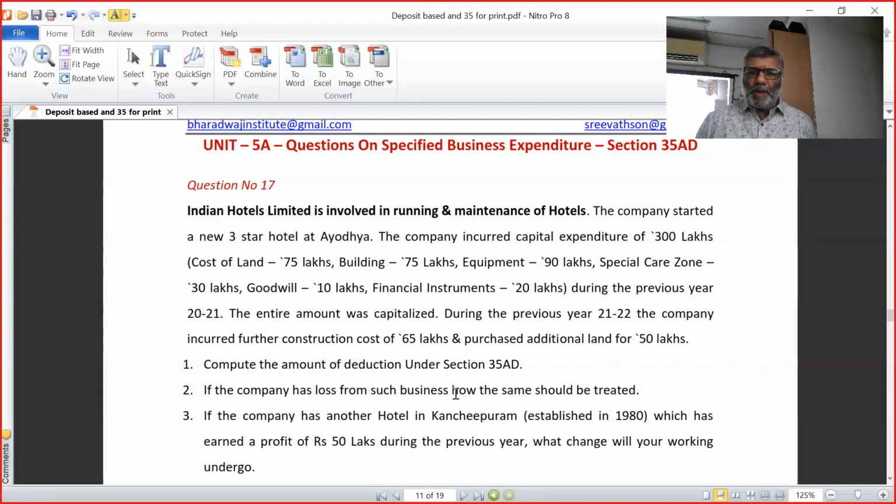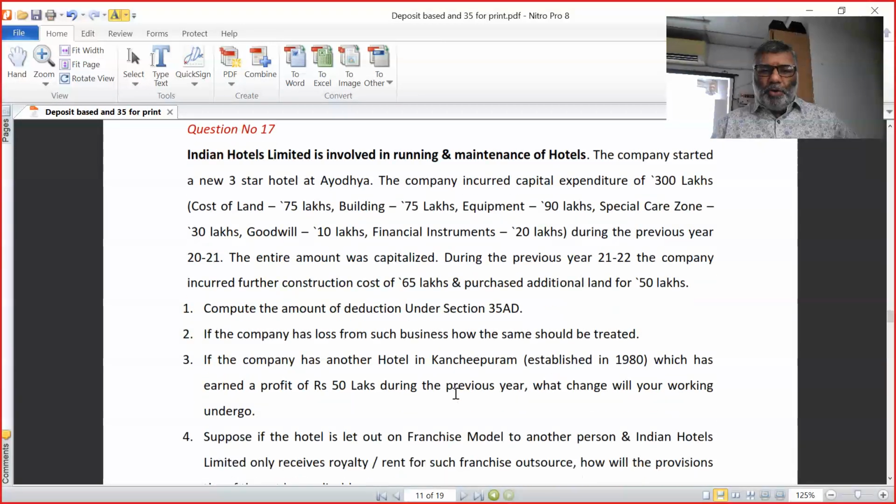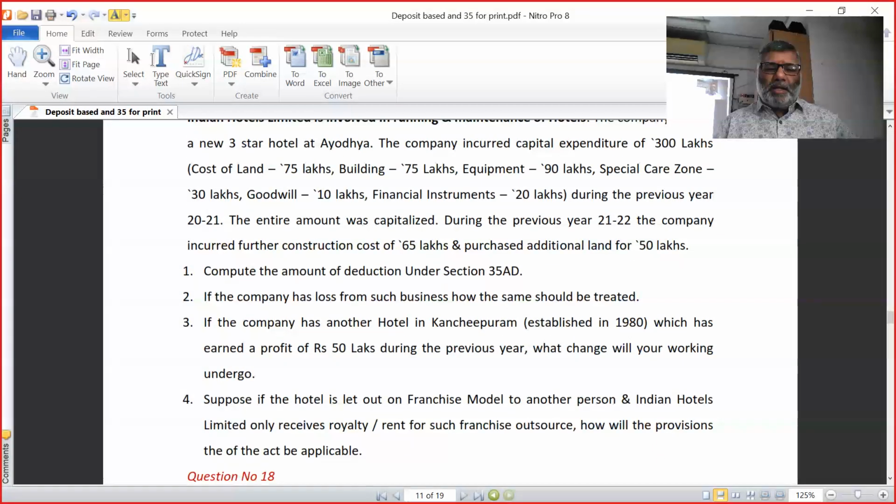It incurred capital expenditure of 300 lakhs, which includes land, building, equipment, special care zone, goodwill and financial instrument, during the previous year 2021, which were capitalized. In 21-22, the company incurred further construction cost of 65 and additional land of 50. Compute the amount of deduction under 35AD. If the company has a loss, how should the same be treated?